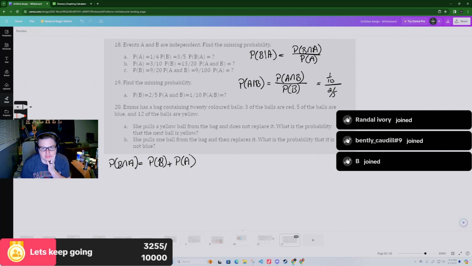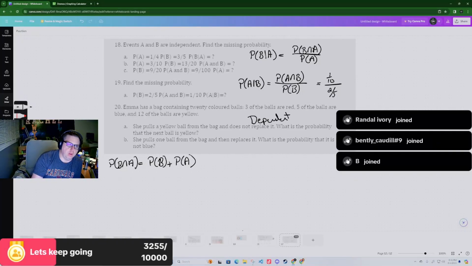All right, so let's put this into practice because there's a lot of things going on, but I think the more examples you see of this, the better, since there are multiple events happening. So she pulls a yellow ball from the bag and does not replace it. Right there, does not replace it is a dependent situation, okay? And now what is the probability that the next ball is yellow? So we are pulling multiple balls out of here.